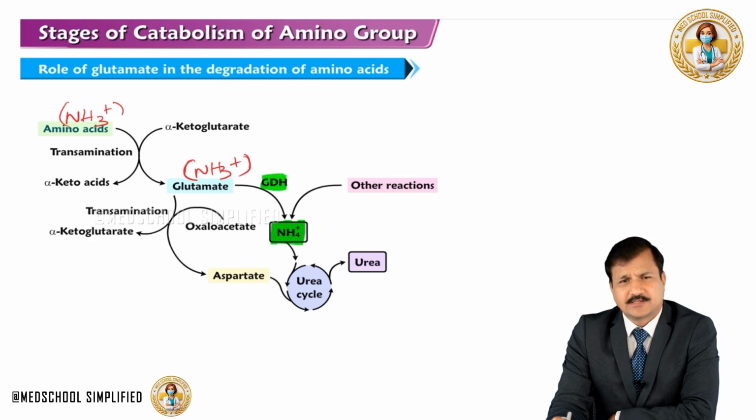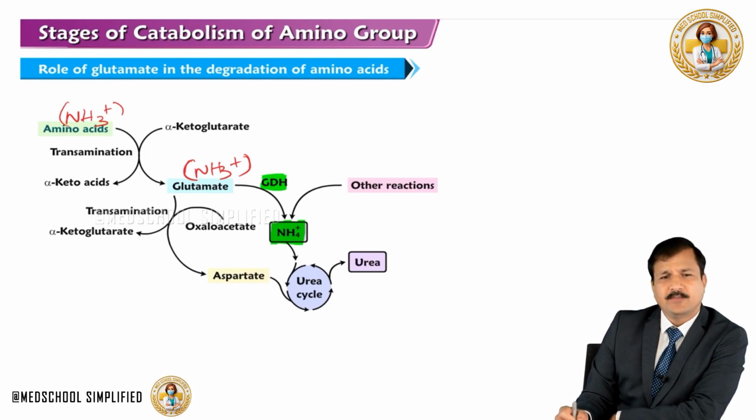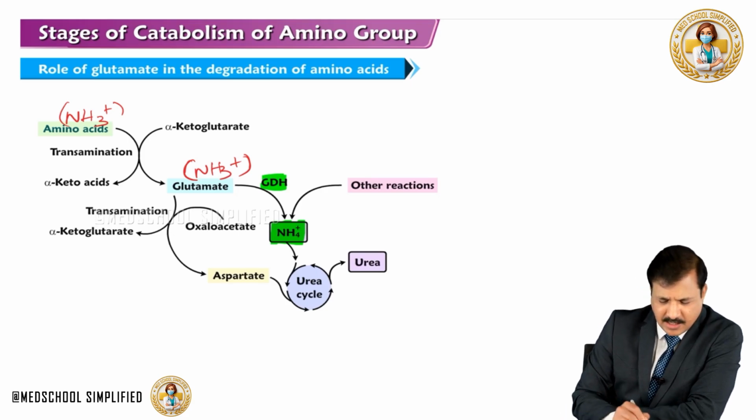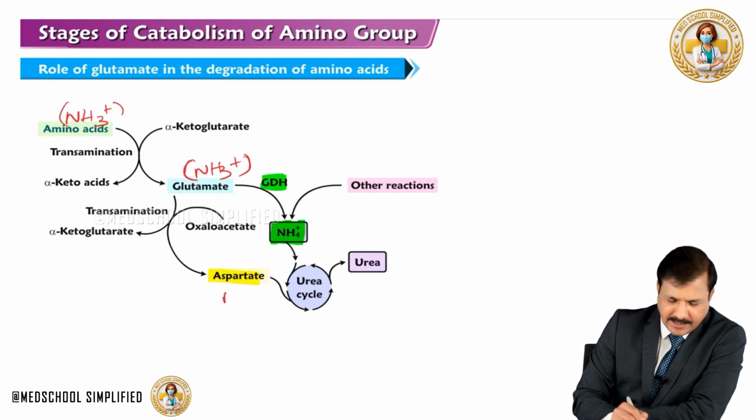That's a deamination, glutamate deamination process by the glutamate dehydrogenase enzyme. So ammonium ion can go into the urea cycle. The other fate is glutamate undergoing a transamination reaction done by the aspartate transaminase enzyme and giving its amino group to aspartate, and the aspartate has the amino group now.